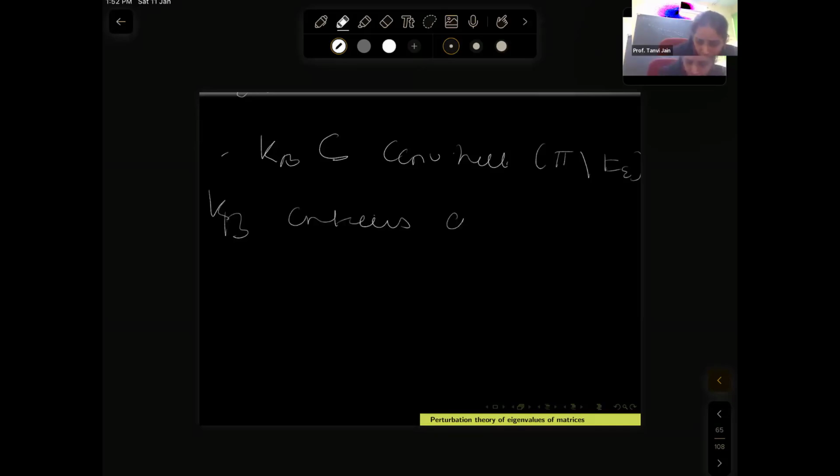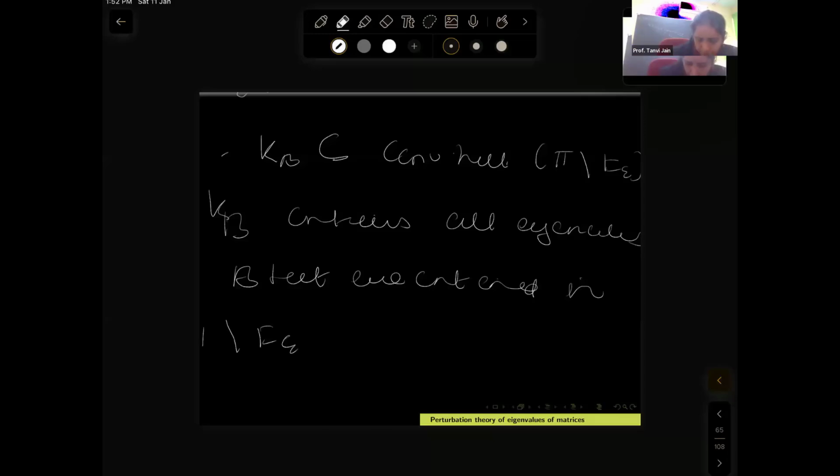So let Kb be strictly contained in the convex hull of T minus I epsilon, and Kb contains all eigenvalues of B that are contained in T minus I epsilon, and Kb is convex.